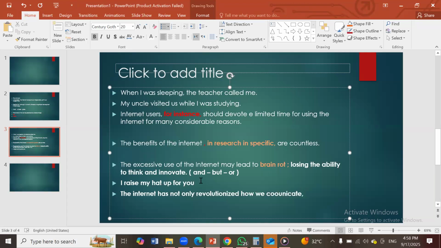Comma. Before but is a comma. But also enhanced global education as well.